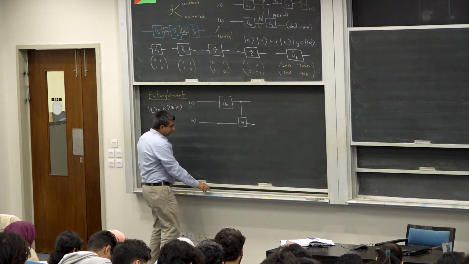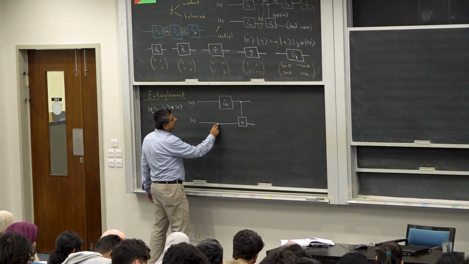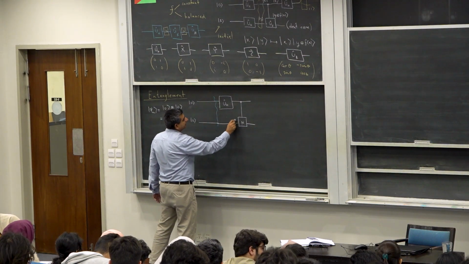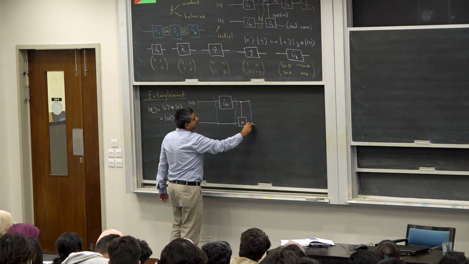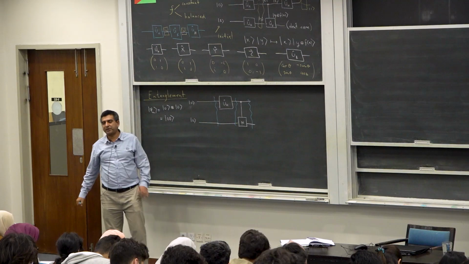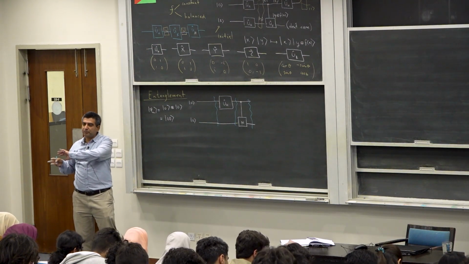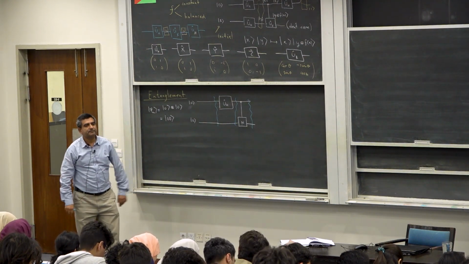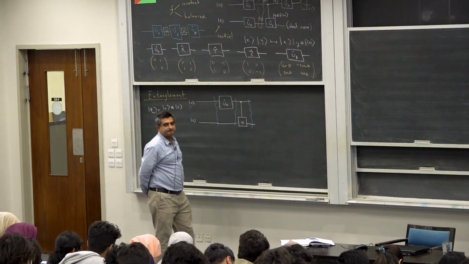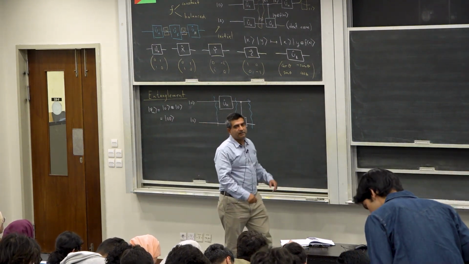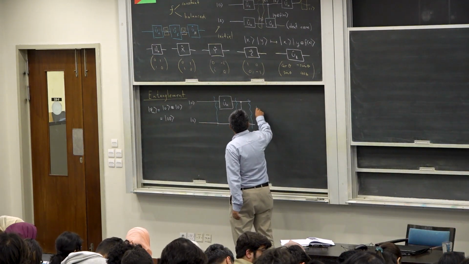So what I would like you to do in the next 2 or 3 minutes is find the state over here, the state over here, and please indicate what the final state is going to be after this input has propagated through this circuit. Please compute the output quantum state.